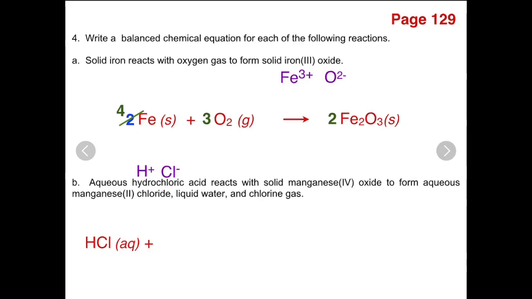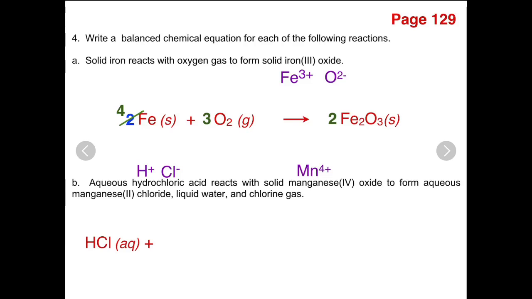React with, again, is going to be a plus sign. Okay. Solid manganese IV oxide. So what is the chemical symbol of manganese? It is Mn, not Mg. Do not confuse them. What is the IV telling you? It tells you the charge of the manganese, that it is +4, right? For oxide, oxygen is in group 16 or group 6A.